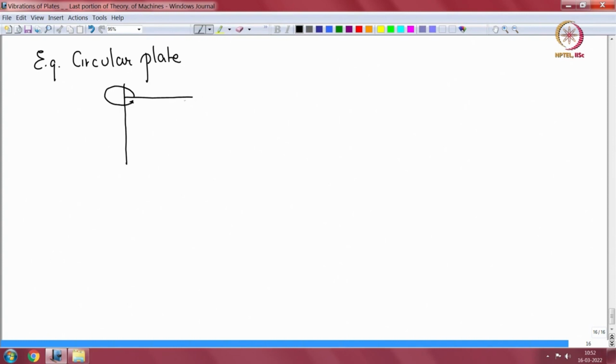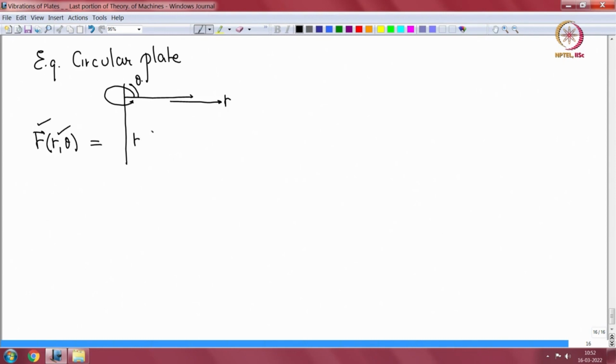Then the meridian I take as one axis r and the other is theta. So what is my location vector? This is the vector, this is the coordinate, don't confuse.